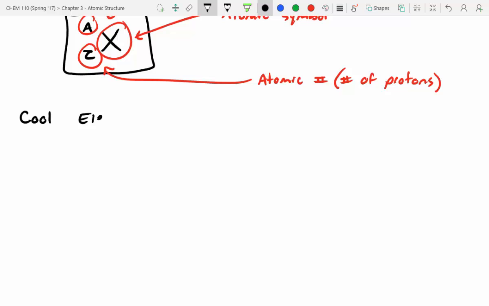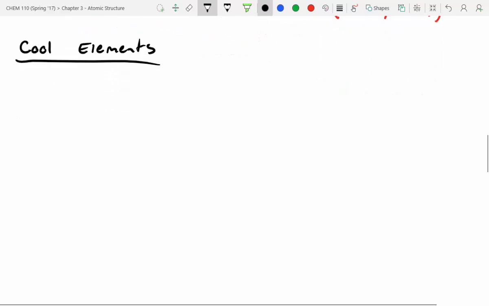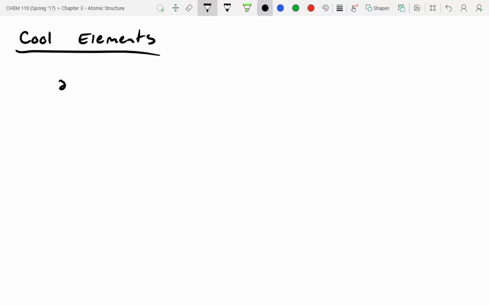All right, so let's take a look at some cool elements. And I want you guys to help me determine how many neutrons, protons, and electrons it has. So this is 238 Pu. So the first thing I want to know is the number of protons.